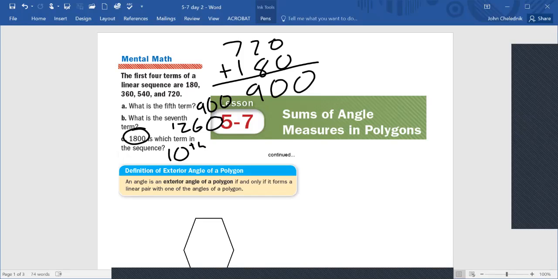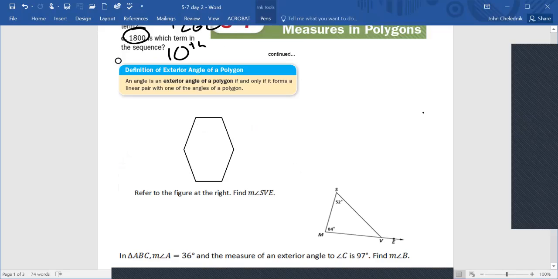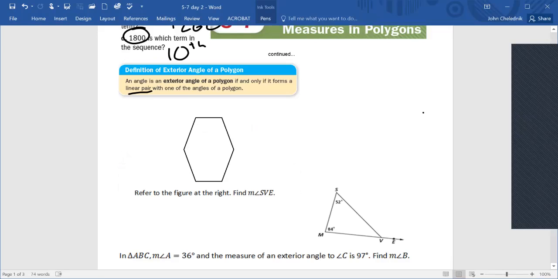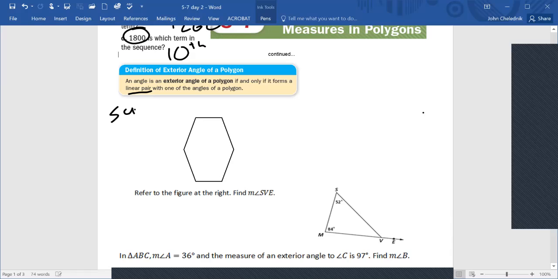All righty, it's time to talk about exterior angles. It says here that an exterior angle is an angle that forms a linear pair with one of the angles of a polygon. In other words, it's supplementary with one of the angles.